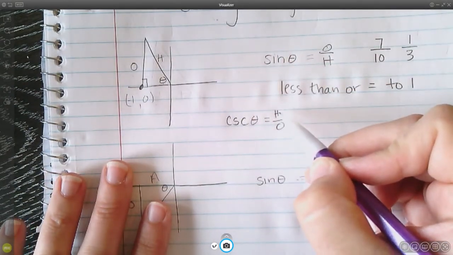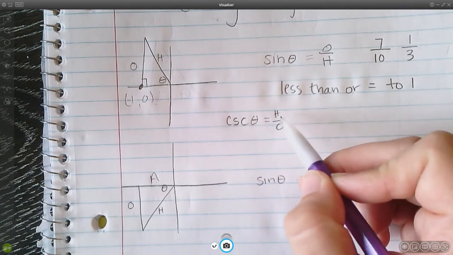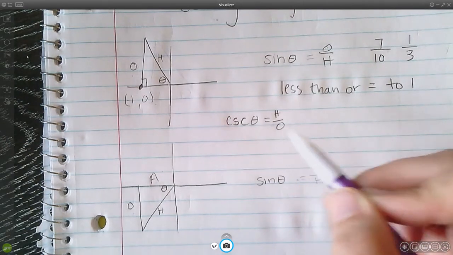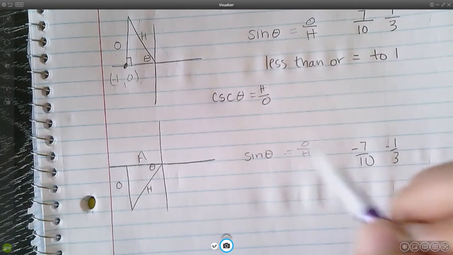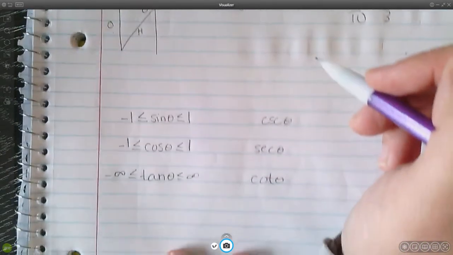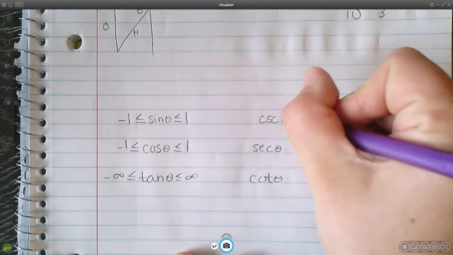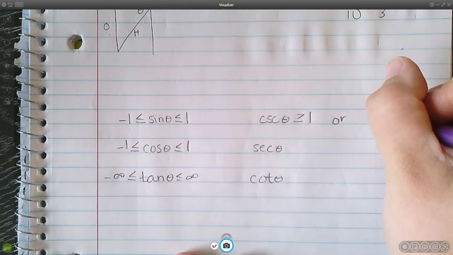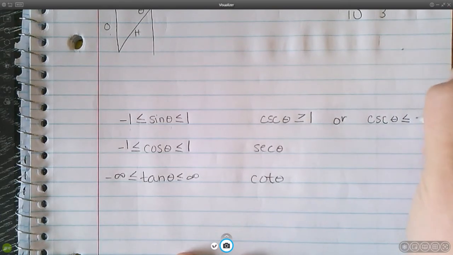So now you know that the larger number is always on the top. So now instead of this fraction being less than 1, it's always going to be greater than or equal to 1 or less than or equal to -1. So this must be greater than or equal to 1 or has to be less than or equal to -1.